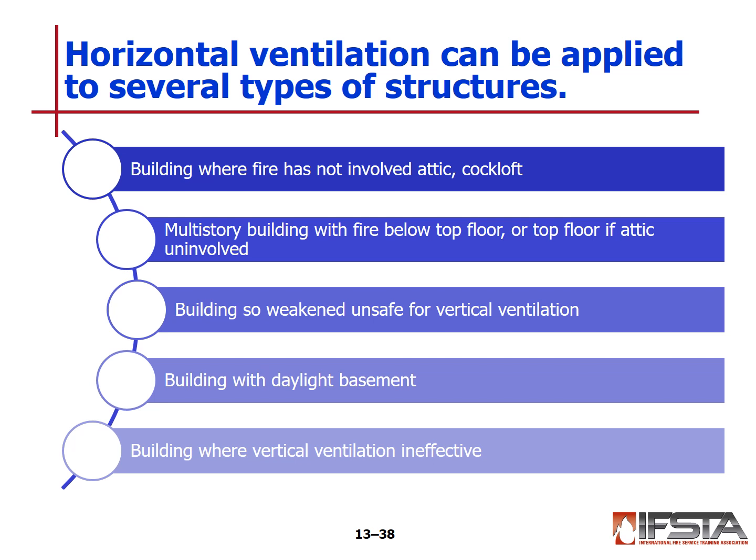Building with a daylight basement, meaning that the basement is usable, it has the ability for the fire to get to the basement and grow down there. Or if the building is just ineffective for vertical ventilation.